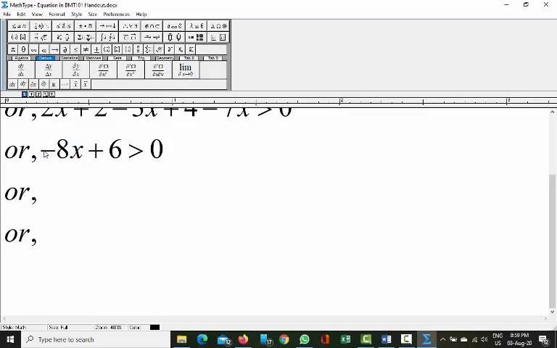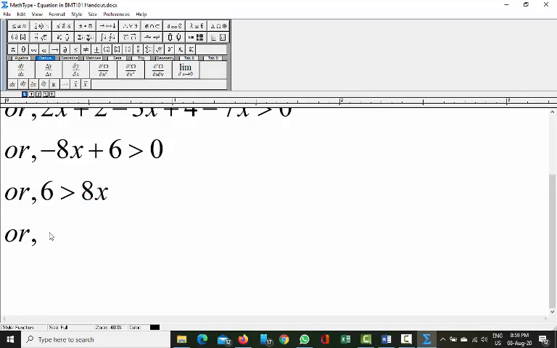If you move this one to the right hand side, what will we have? Because here we have minus 8x, if you move this to the right hand side, we will have plus 8x. And on the left hand side, we will have 6.